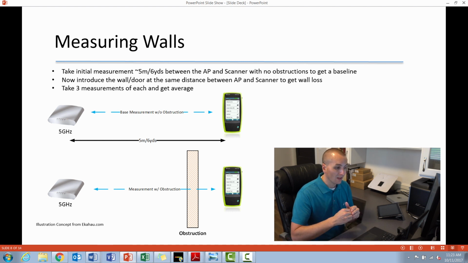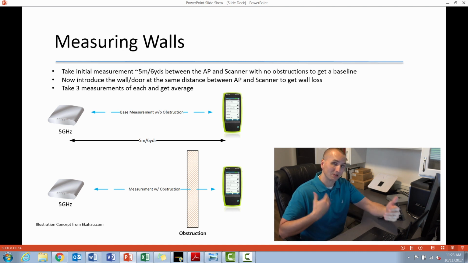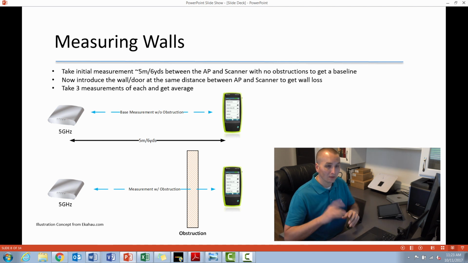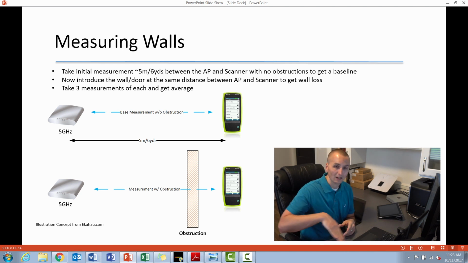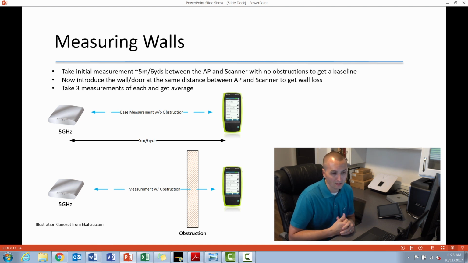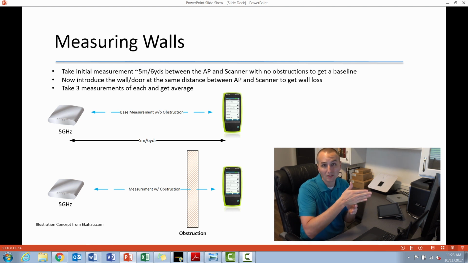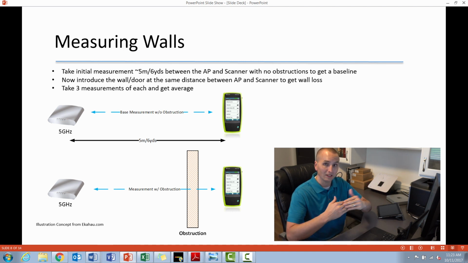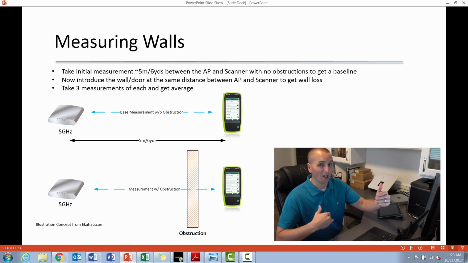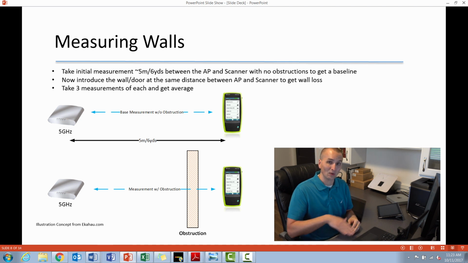The key is that measurement has to be roughly 5 meters to 6 yards of separation between your scanning device and your AP. The reason for it is free space path loss. If you look at any kind of inverse charts of free space path loss, you'll see that within the first 3 to 4 meters, you've got a significant change in dB, close to 40 dB change within just those first 3 to 4 meters.